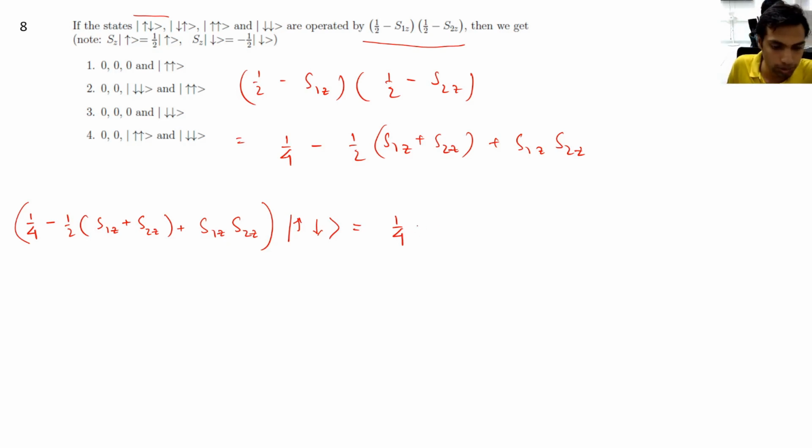For the second term, when S1z operates on this, it will just operate on the first particle. Since it is spin up, we get plus half, and the eigenvalue will be ħ/2. Then when it operates on the spin down, it will be minus ħ/2.